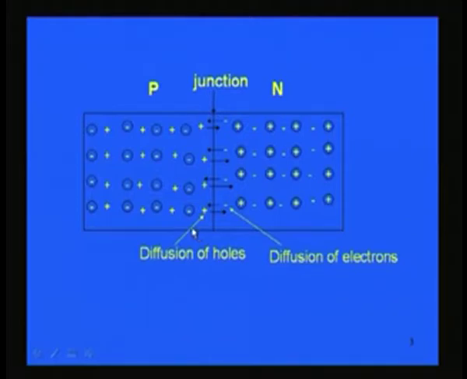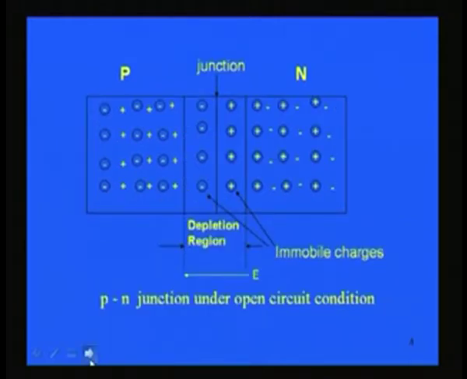Now, as these carriers, holes from the left side, cross over to the right side and electrons cross over from the right side to the left side, there will be recombination of charges, because holes will be recombined with free electrons and electrons will be recombining with free holes.